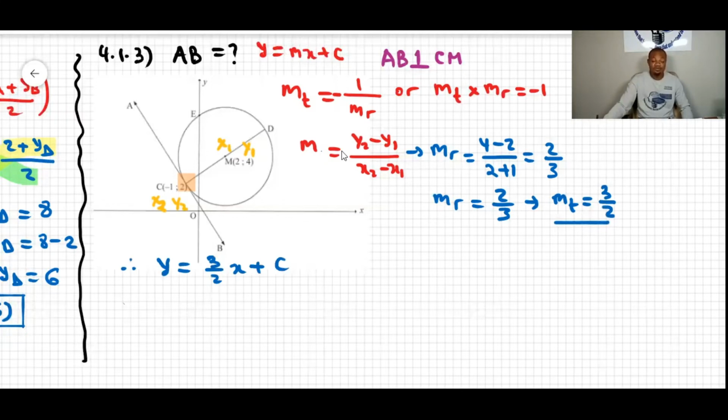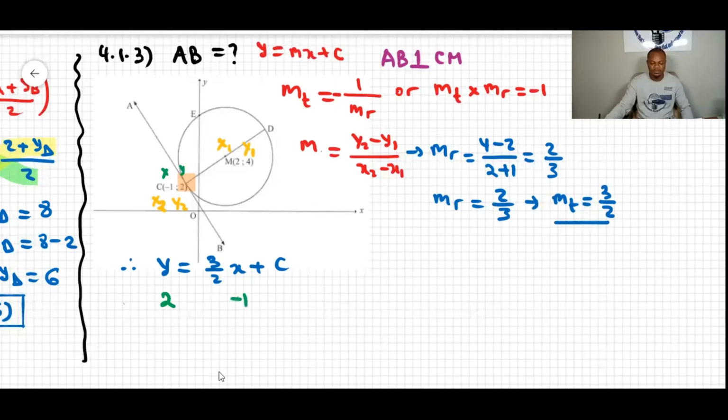Now we can substitute a point on the straight line. The point is also called C, but this c and that C are not the same thing, just a coincidence that they are both called c. We are going to substitute the point C on the straight line to find c. I substitute 2 for y and -1 for x.